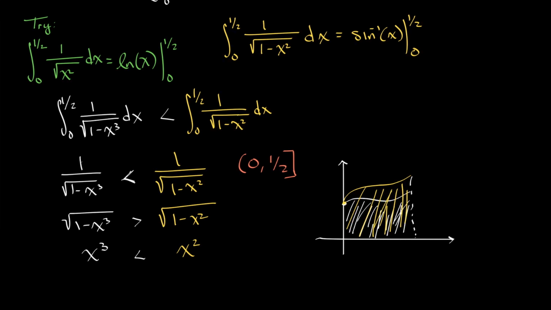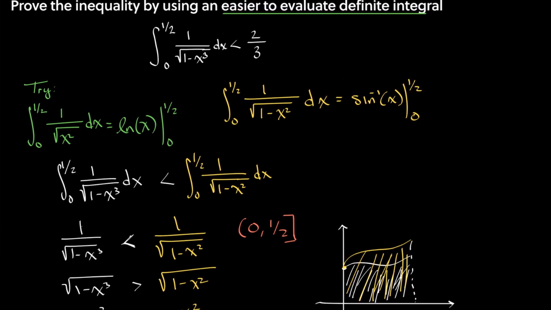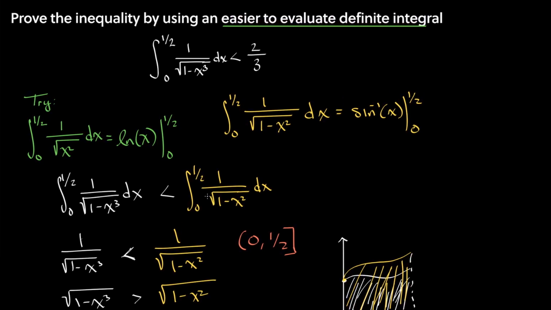Now that we've proven that our candidate definite integral is greater than this other integral we're comparing with, we need to see whether this integral helps us prove the inequality, specifically that this definite integral is less than 2/3. What kind of a value are we hoping for?